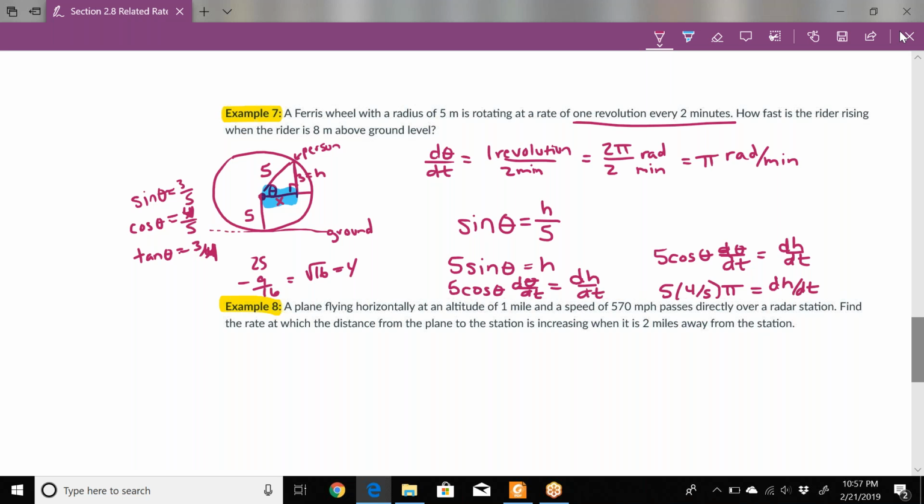And so this ends up being 4 pi, and this is in, I believe, meters. Yes, meters per minute. So this Ferris wheel is rotating 1 revolution every 2 minutes, and the rider is rising at 4 pi meters per minute.